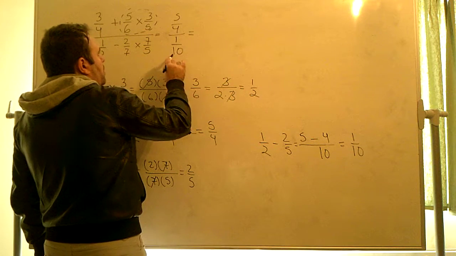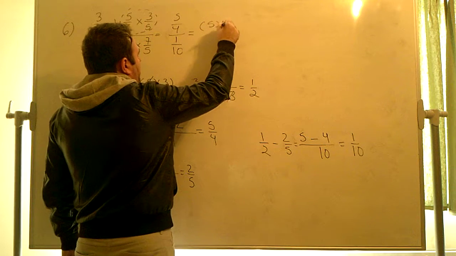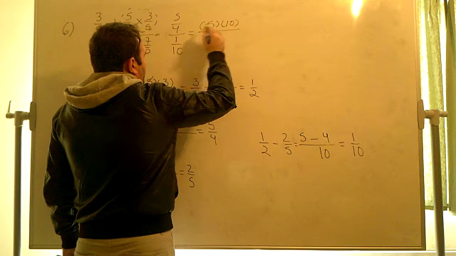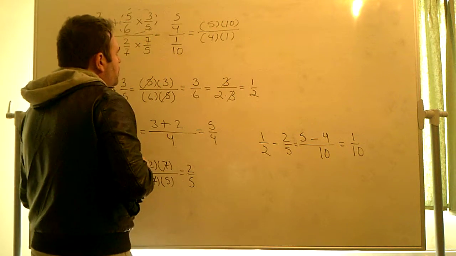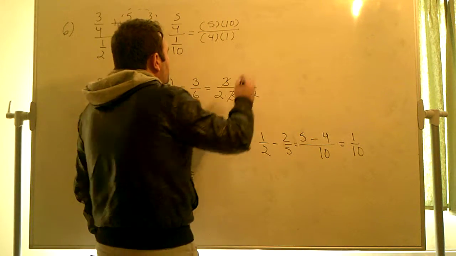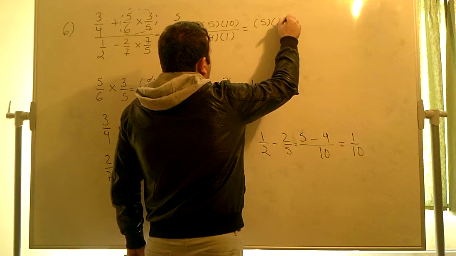Now we need to multiply the extremes, so it will be 5 times 10 divided by 4 times 1. Now it turns out that 10 is equal to 2 times 5.